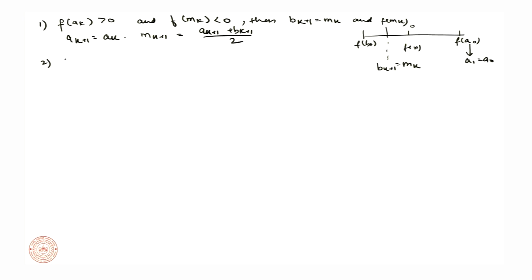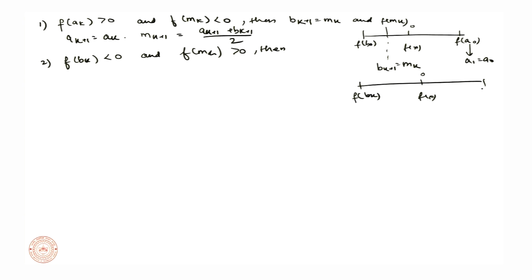The second scenario can be f of b k is less than 0 and f of m k is greater than 0. So in this case, again this is 0, f(x), this is f of b k, this is f of a k, and this is f of m k.